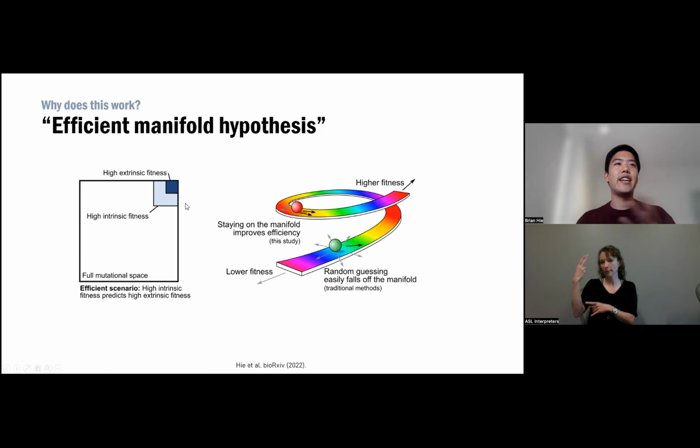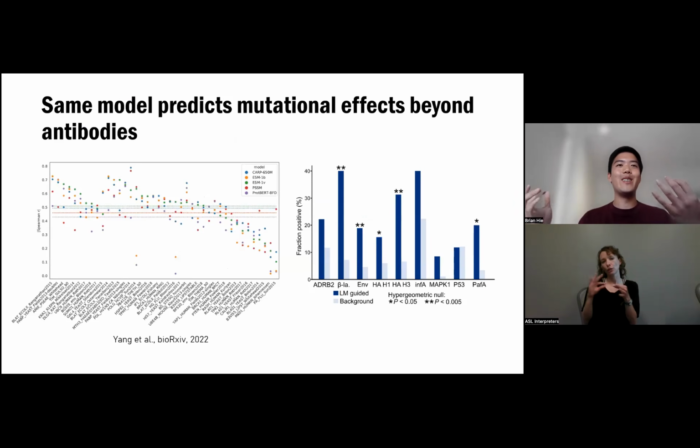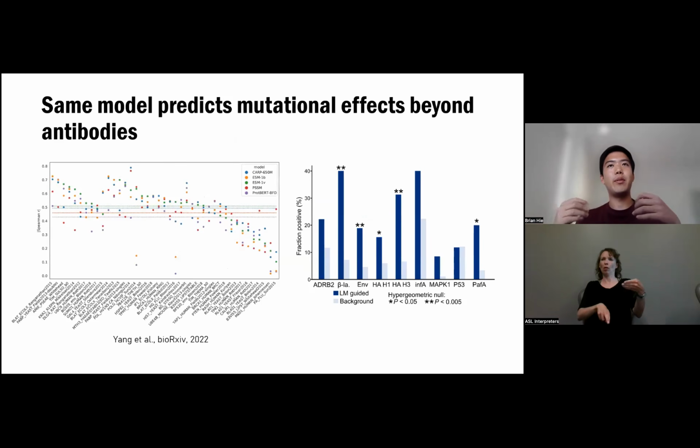We're in a setting in which intrinsic fitness is an efficient prior for extrinsic fitness. One thing I wanted to mention, a result that is very widely known in the machine learning community but potentially not outside of it, is that we're using models that can predict mutational effects beyond antibodies.